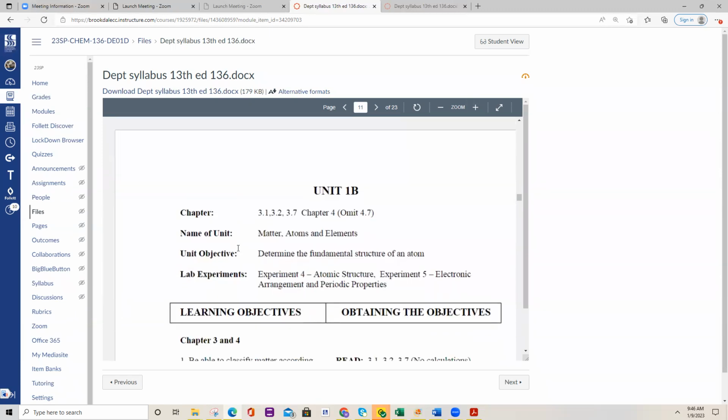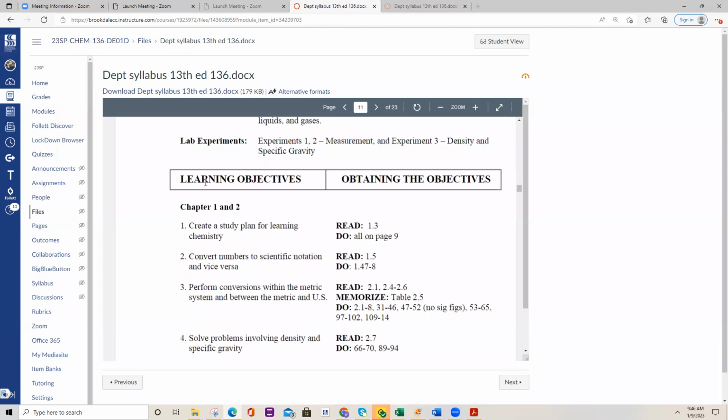Additionally, what you see in here is your learning objectives. What are you trying to learn in that specific section? It tells you the textbook sections and chapters that go along with that, which you should be reading before you watch the videos that I have prepared on those topics. And then it also tells you the recommended textbook problems to try later to make sure you're comfortable and able to do those things.